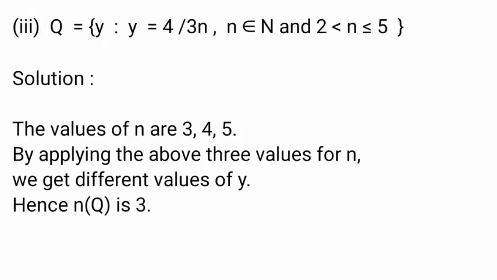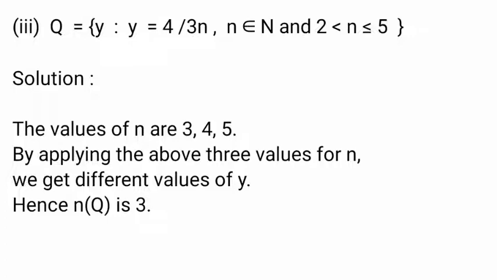Okay. Third one, Q equals the set of y such that y equals 4 by 3n, n belongs to capital N and 2 less than n less than or equal to 5. Here n is a natural number, and 2 less than n less than or equal to 5.